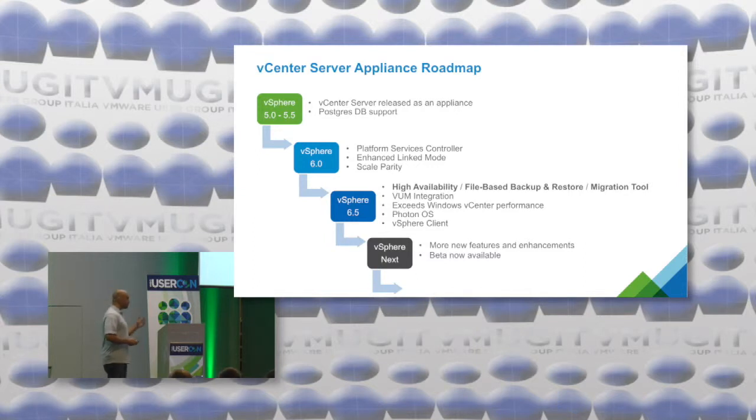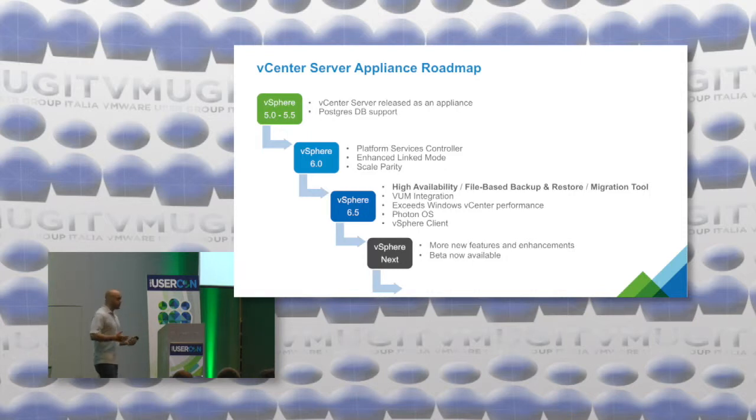We also introduced the Postgres DB within 5.1, 5.5, so we're also removing the need for a separate external database. Fast forward to vSphere 6.0, the appliance now becomes scale parity with its Windows counterpart, right? No longer needing a separate database or anything like that. Now it's equal as far as the number of VMs and the number of hosts that are supported.